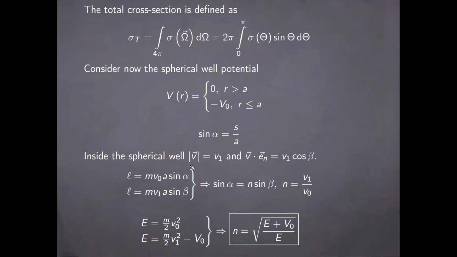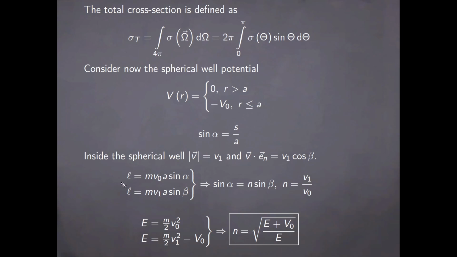Inside of the spherical well, the magnitude of the velocity will be denoted by v1, and the dot product between the incident velocity and the normal to the surface of the sphere at that point is going to be equal with v1 times the cosine of an angle beta.